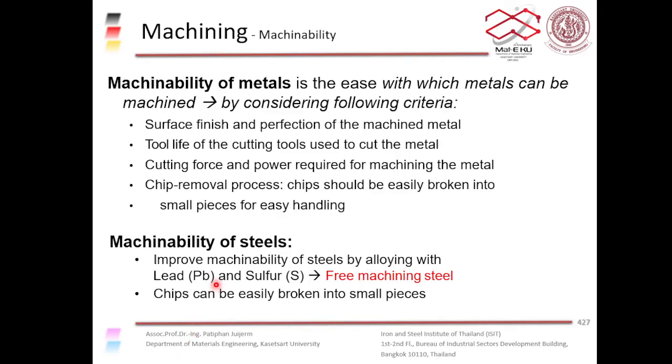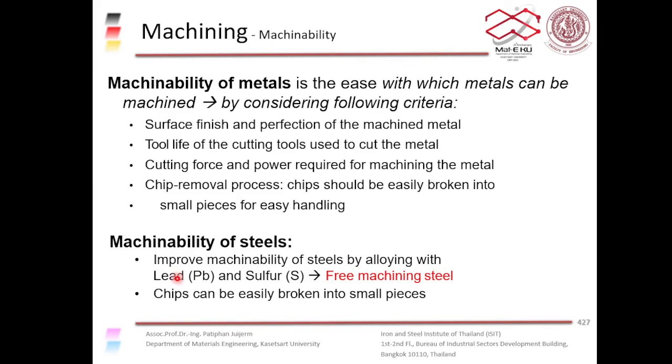Before adding lead and sulfur, the steel can produce long strips of chips, which we don't want, because they can entangle with the cutting tools and the workpart. But when we add lead and sulfur to the molten steel and then cast it into a piece of steel, the chips are broken into small pieces and get away from the surface much easier.